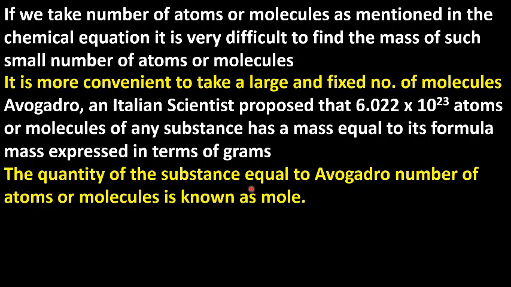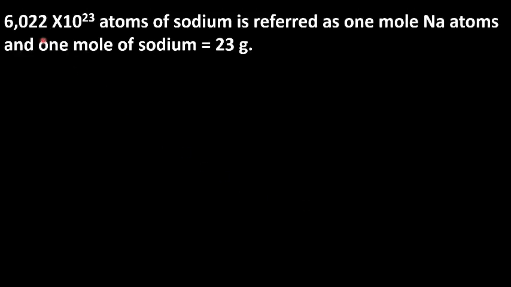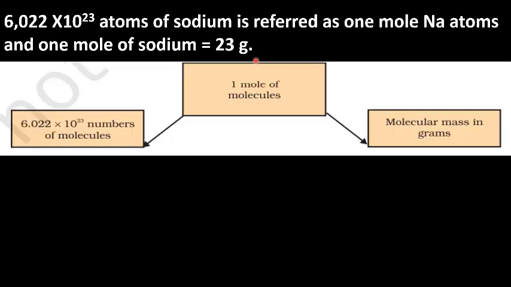Thus, the quantity of a substance equal to Avogadro number of atoms or molecules is known as a mole. Therefore, 6.022 into 10 to the power 23 atoms of sodium is referred to as 1 mole of sodium atoms, and 1 mole of sodium is equal to 23 grams.